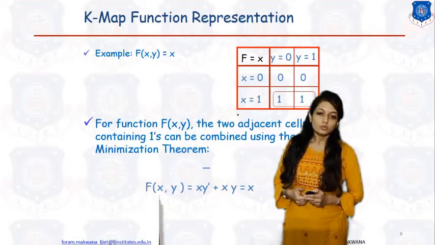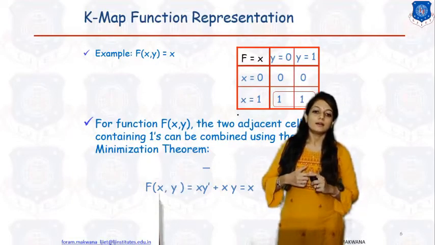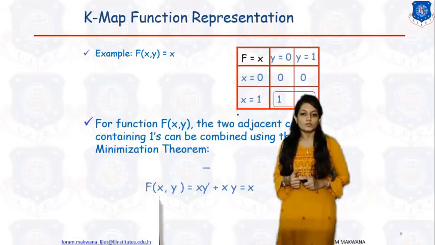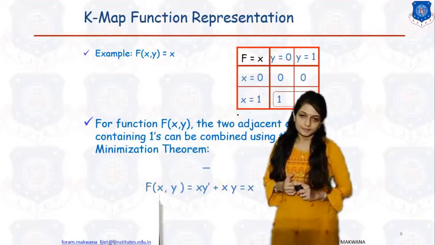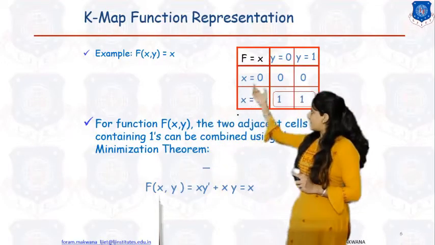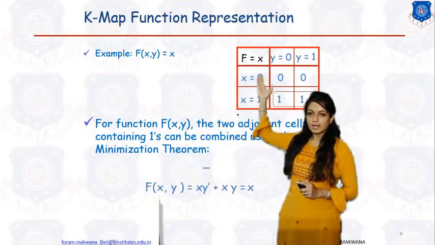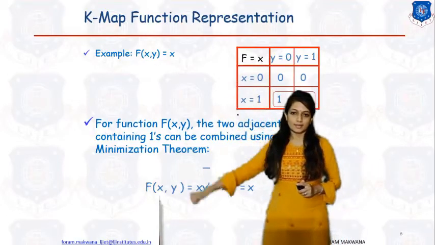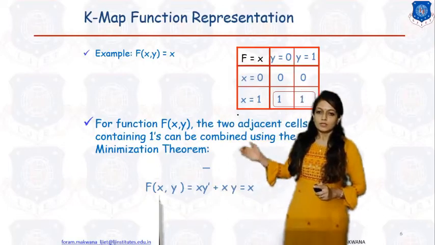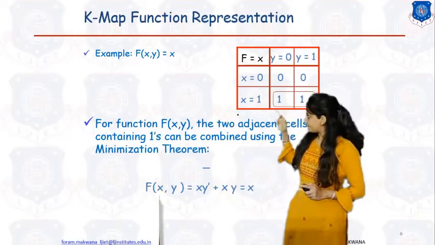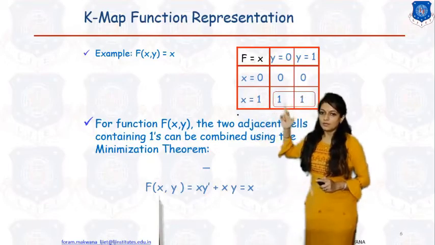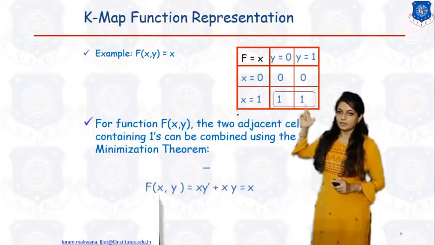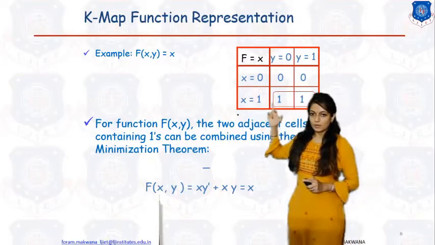So how to apply different rules of the Karnaugh map? Let's say the function is given as f of xy is equal to x. So we need to place 1 over here and over here. Why?